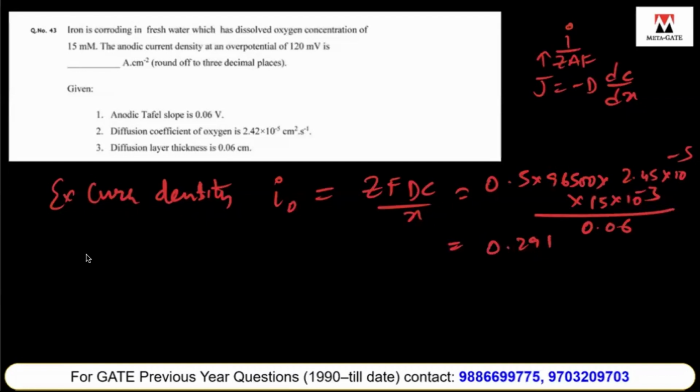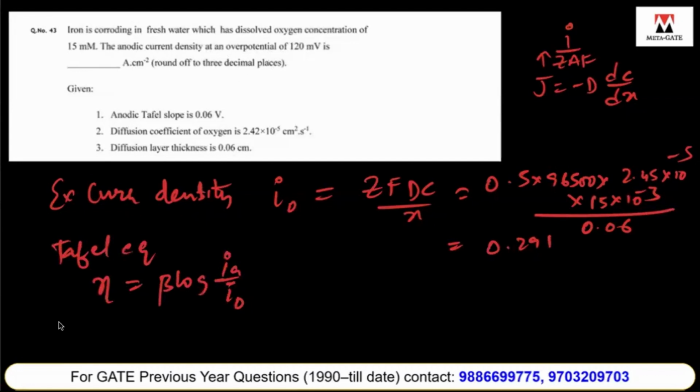Now you need to calculate the anodic current density. How you get anodic current density is from the Tafel equation. In the Tafel equation, the over potential is given as 120 millivolts. So over potential is given as beta log Ia by I naught, where I naught is the exchange current density, and Ia is the anodic current density which we need to calculate.